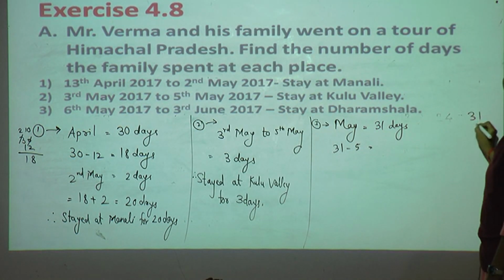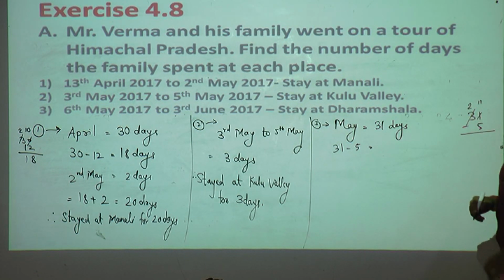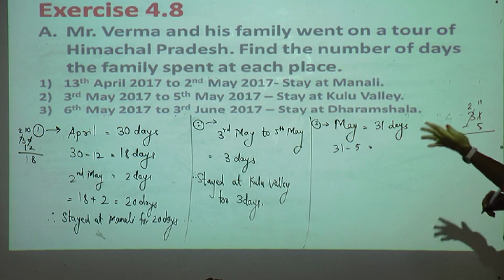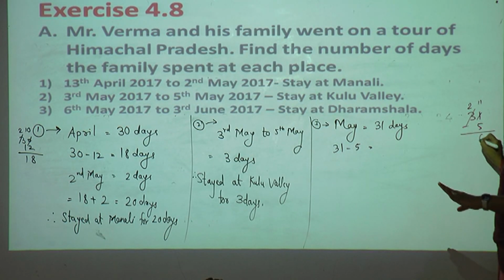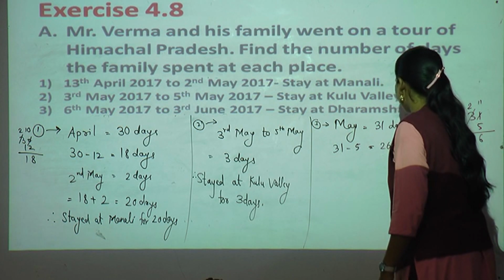So do the rough work here. 1 minus 5 we can't, cut the 1 as it is, take a borrow, here 2 will remain. Count after 5 till 11 comes: 6, 7, 8, 9, 10, 11, so 6 and here 2. So how many days? 26 days.